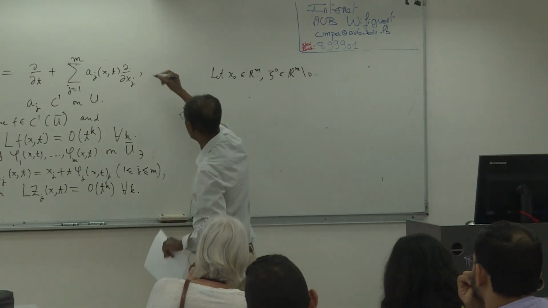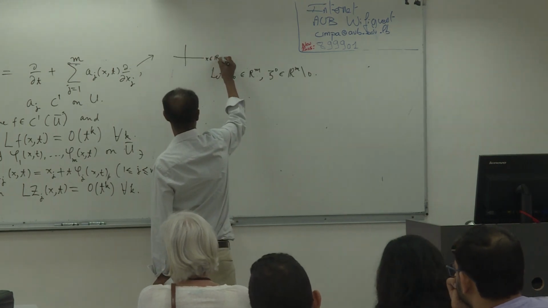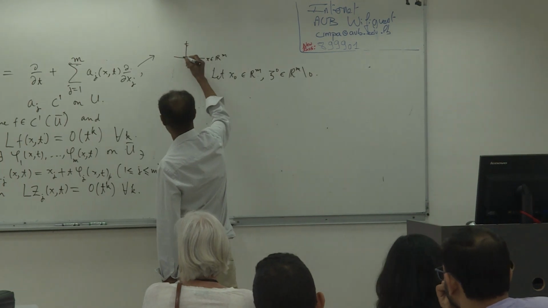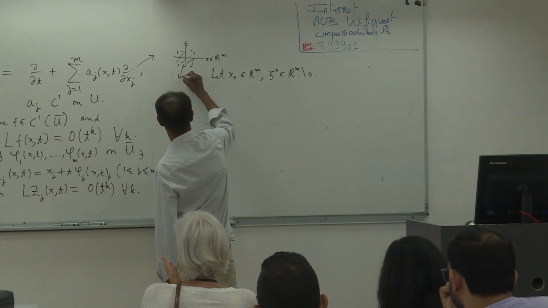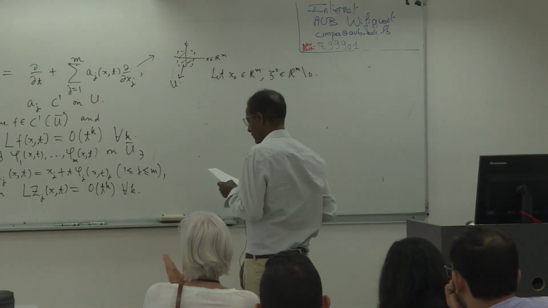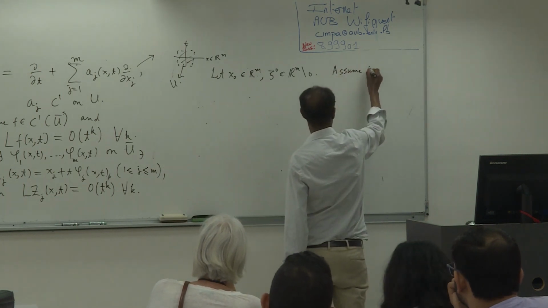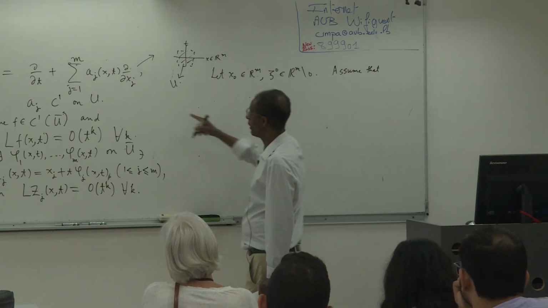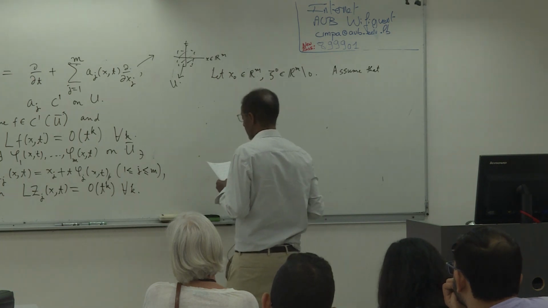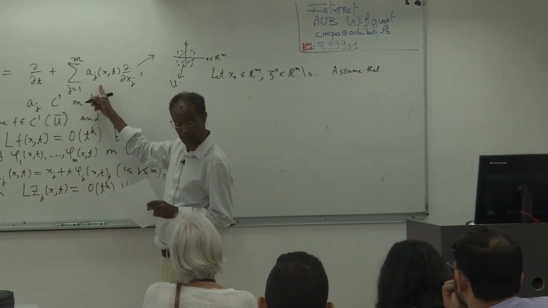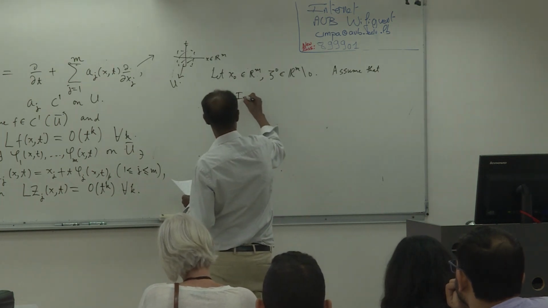Here you see we are in Rm plus 1: x is in Rm, and this is t. This U is an open set like this. But here is how I choose this. So here is a basic assumption. Assume that you have these coefficients a1 up to am. They give me a vector a. These are complex valued, by the way. So I take the imaginary part of that vector.